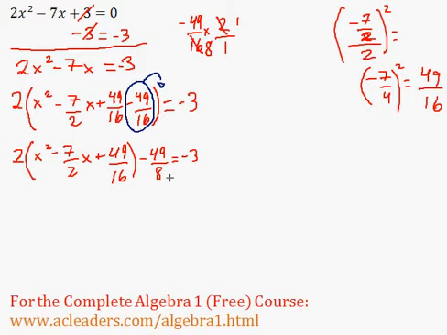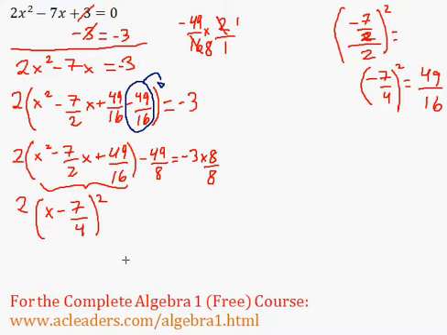Okay, so I know that I will need to combine these guys anyways, sooner or later. So I will multiply the 3 by 8 over 8, just so that I have a common denominator over here afterwards. So this whole trinomial will factor into x minus 7 over 4 squared. And why is that?